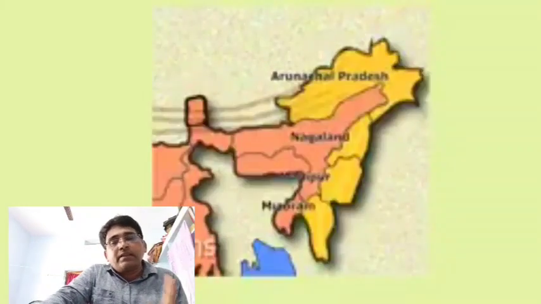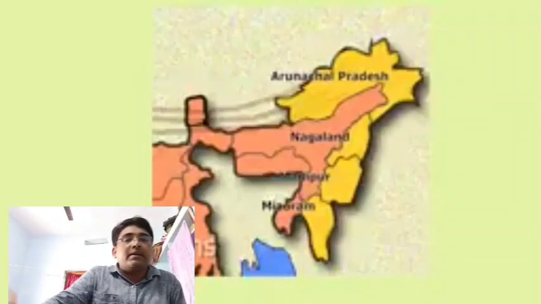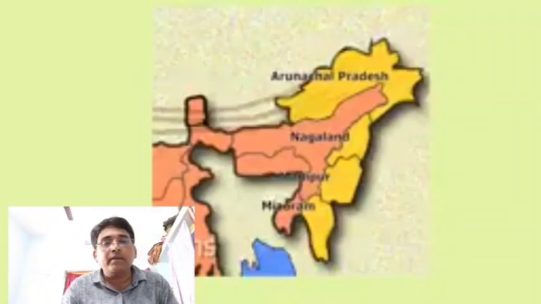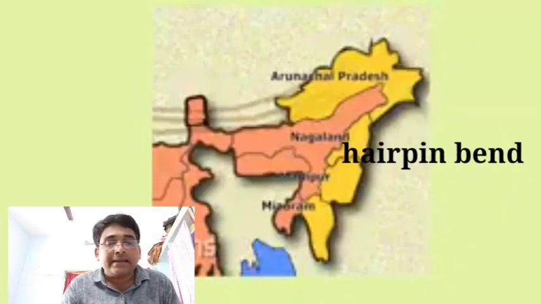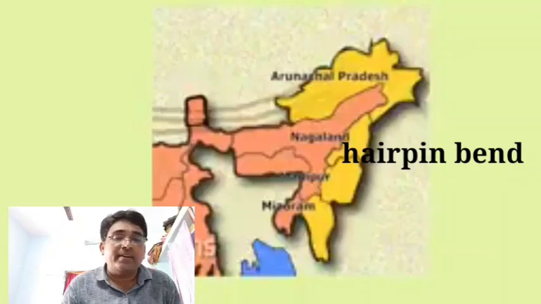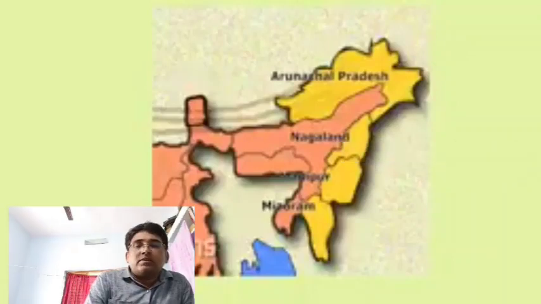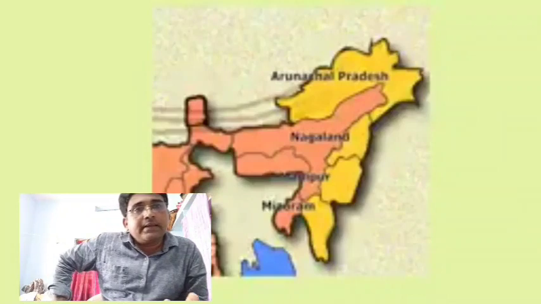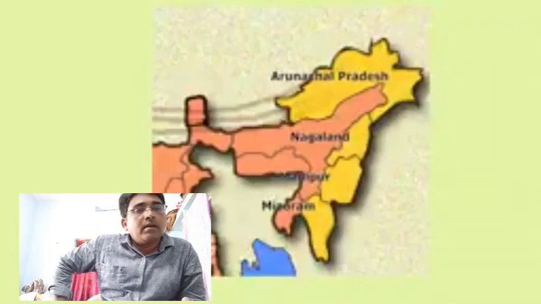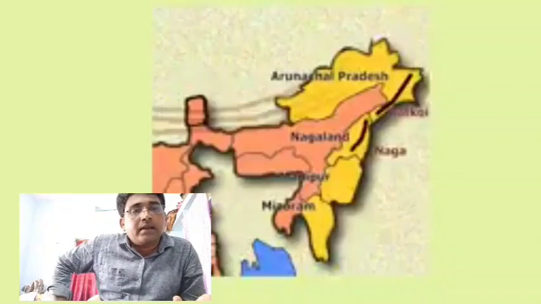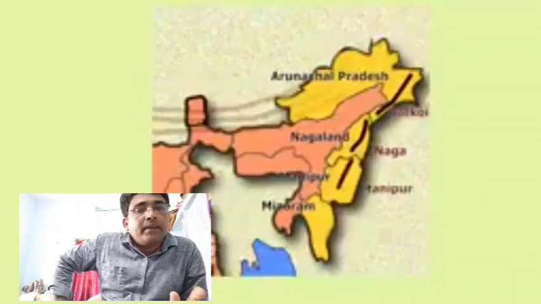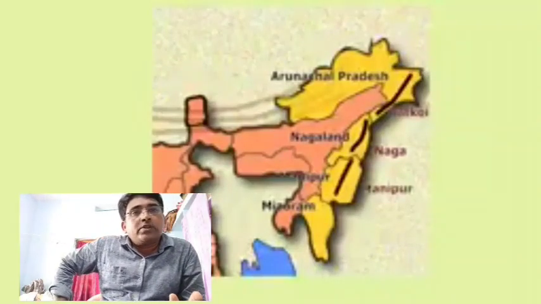In Arunachal Pradesh, beyond the Dihang Valley, the Himalayas take a hairpin bend to the south and act as the eastern boundary of India and run through the northeastern states. Purvanchal ranges are known as Patkai Hills in Arunachal Pradesh, Naga Hills in Nagaland, Manipur Hills in Manipur, Lushai or Mizo Hills in Mizoram.